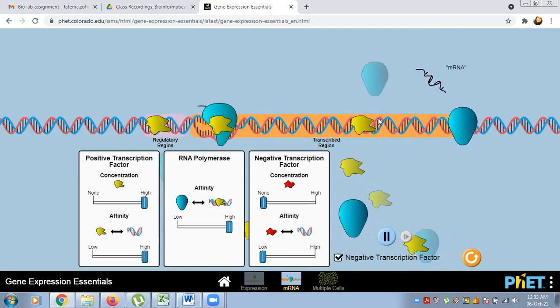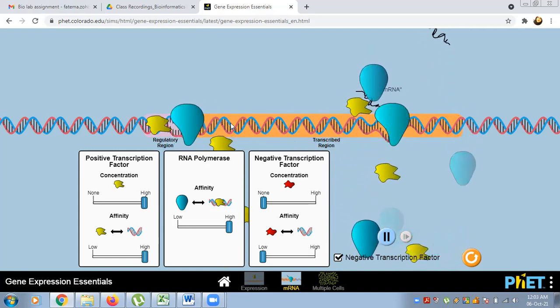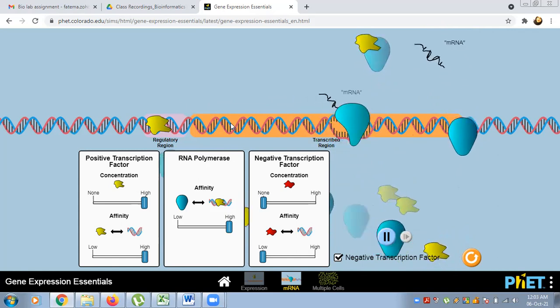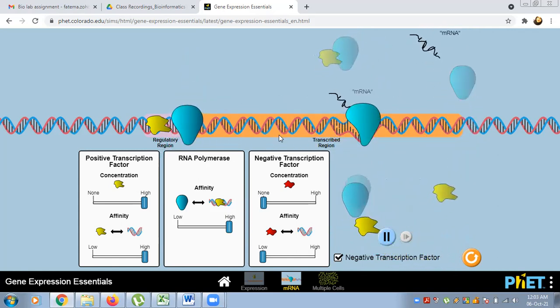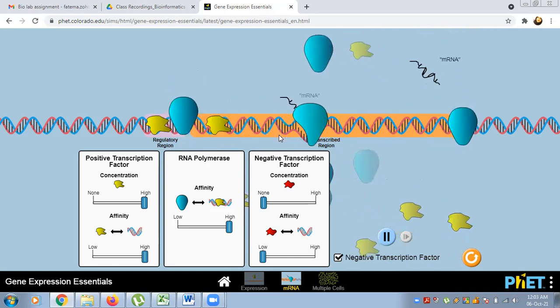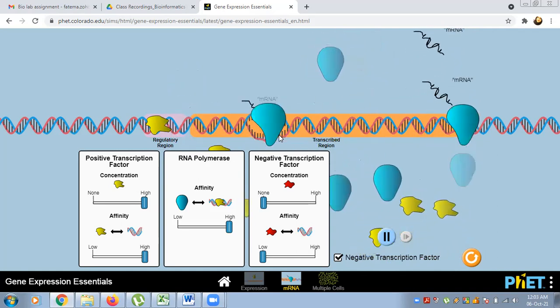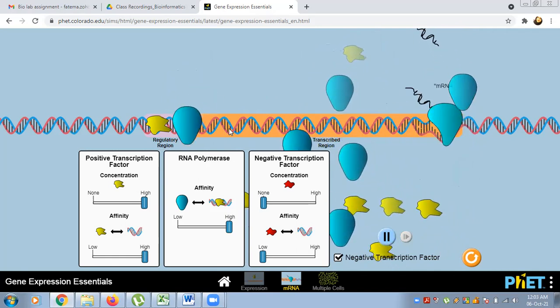You can see that the mRNA is being produced from the DNA. Okay.